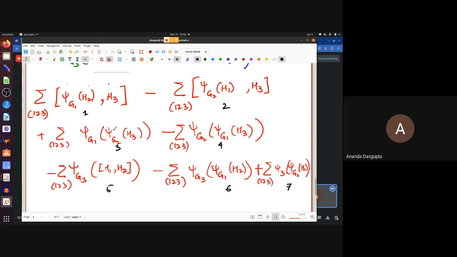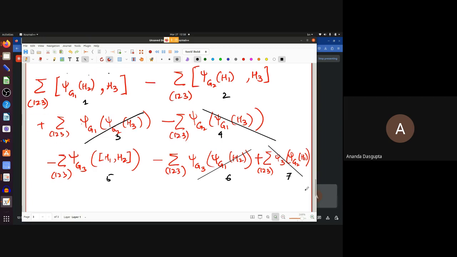As far as cyclic permutations are concerned, 1, 2, 3 will never cyclically permute to 2, 1, 3. But 1, 2, 3 will cyclically permute to 3, 1, 2. Because this cancels with this. Any other cancellation? 4 with 7. 1, 2, 1, 4 with 7, 3, 2, 1. Right, they will cancel, and that's it.